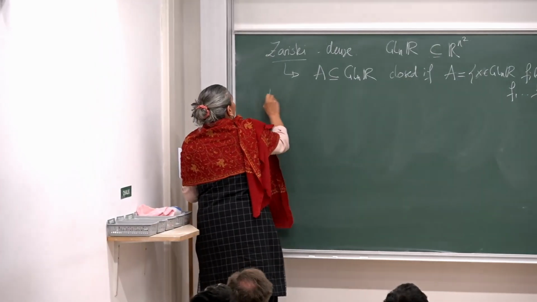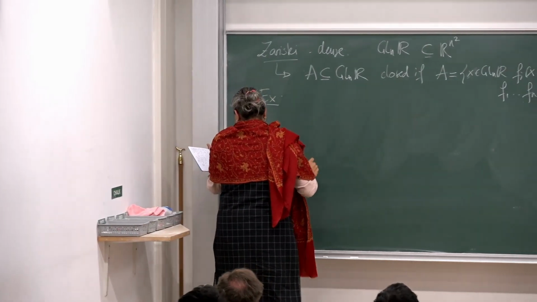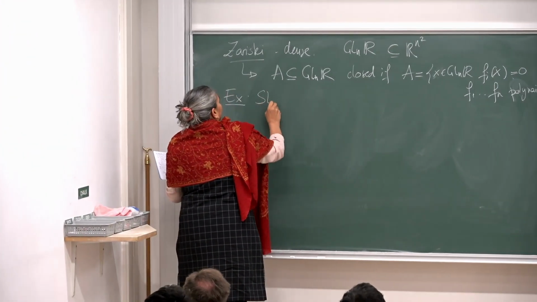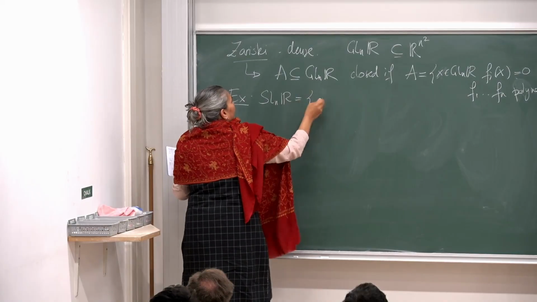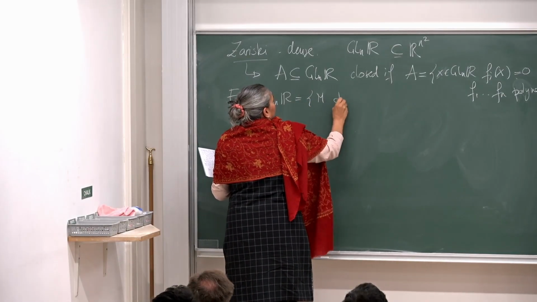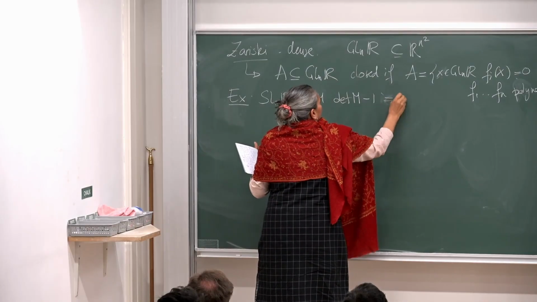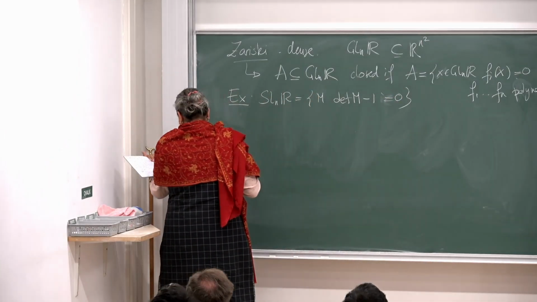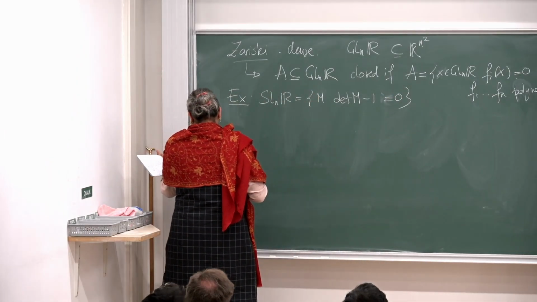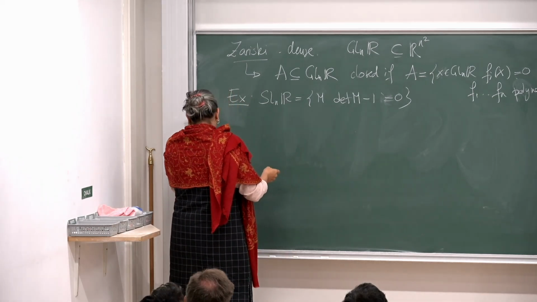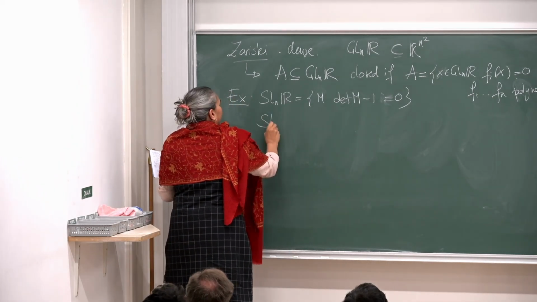So the basic example is SL_n(R), which is given as the set of matrices such that the determinant minus 1 is equal to 0, so that's a nice zero set of a polynomial.